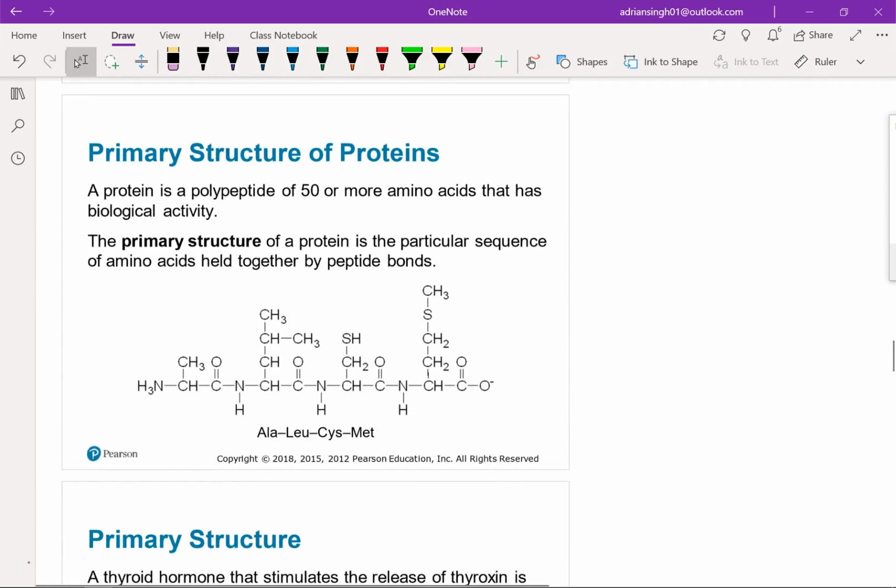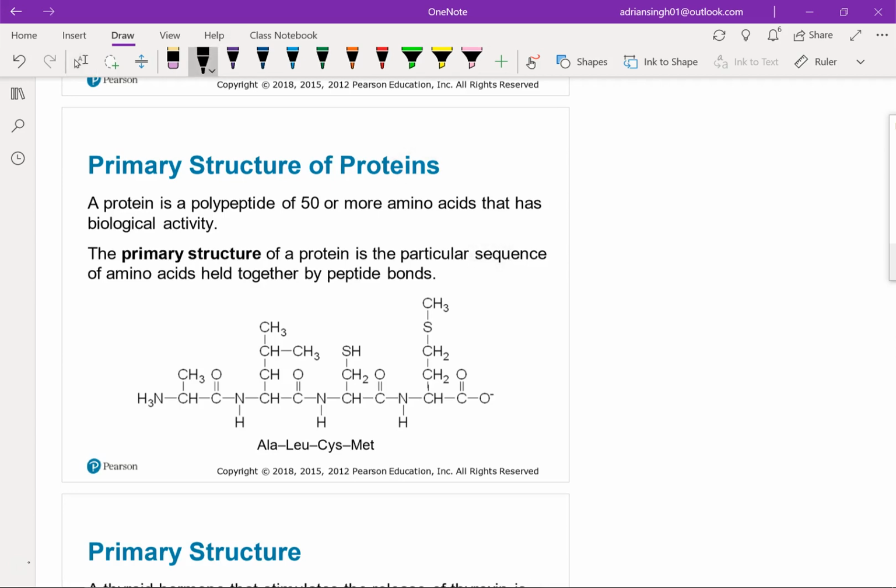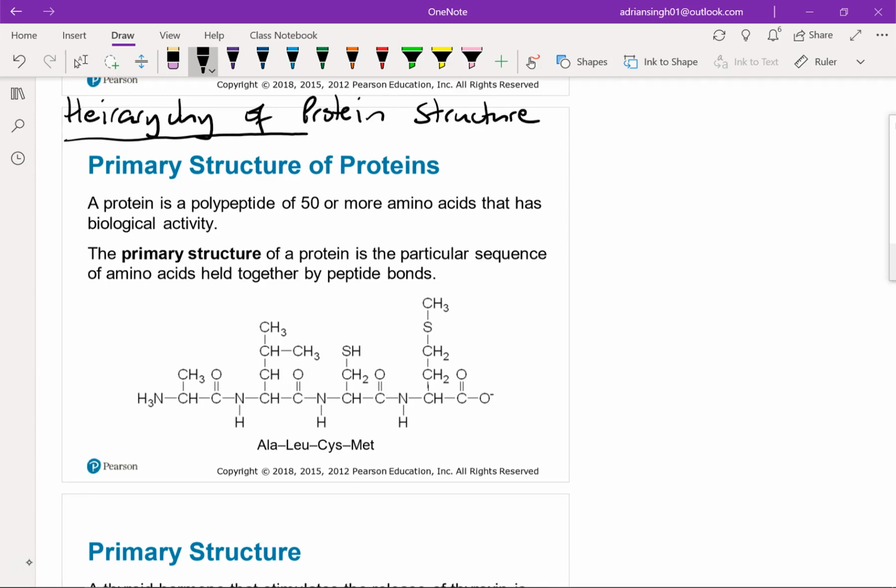We're going to take a look at what's known as the hierarchy of protein structure. Hierarchy, spell that correctly.